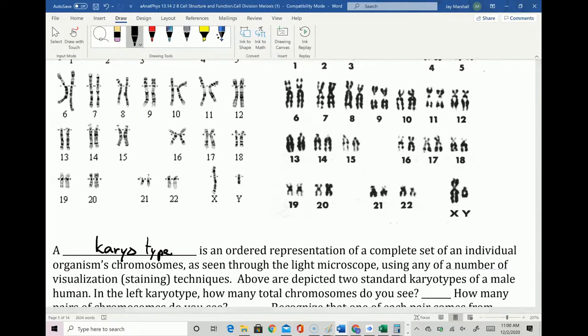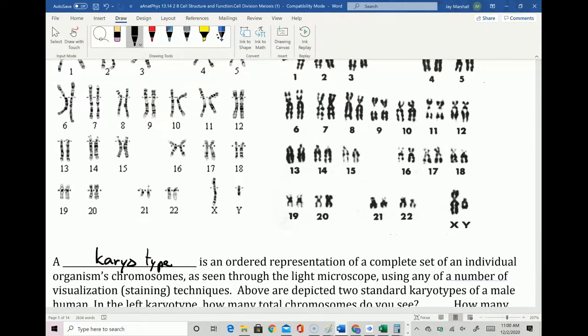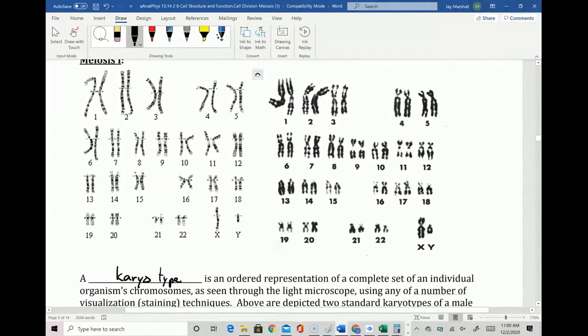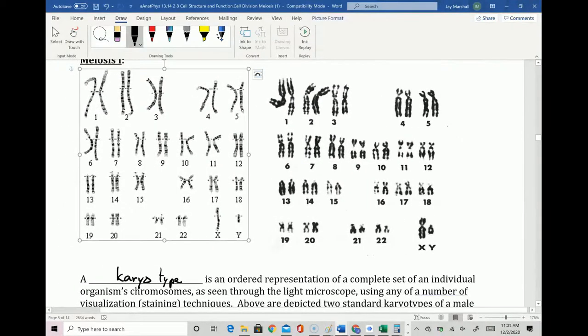In the left karyotype, how many chromosomes do you see? 47? Let's try it.